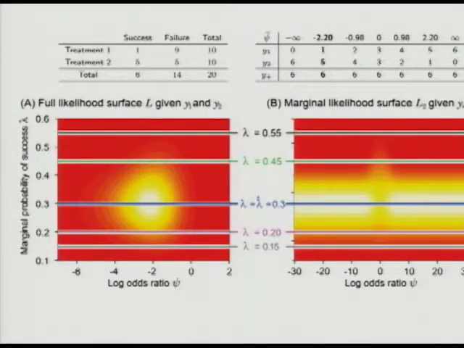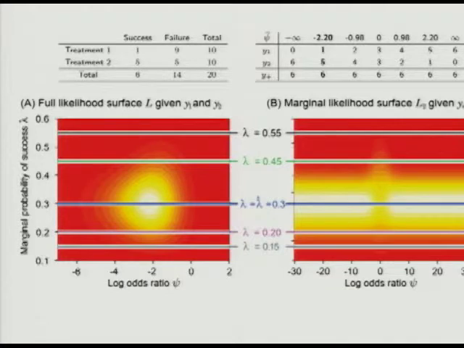This is a similar example, again keeping the number of patients on each treatment constant, and again you get very much the same result. One of the reasons why the marginal success rate isn't completely ancillary is that if you know what the marginal success rate is, then y1 has to take a value between 0 and 6, and each of these values is associated with an estimated odds ratio.